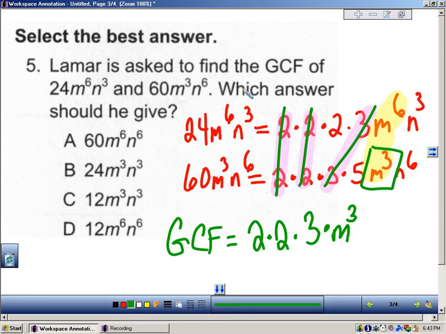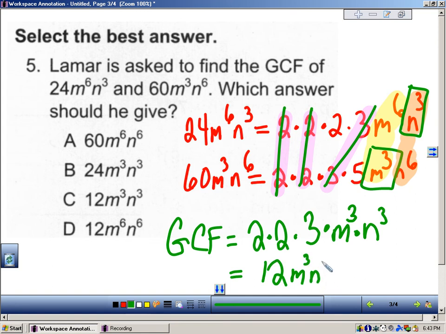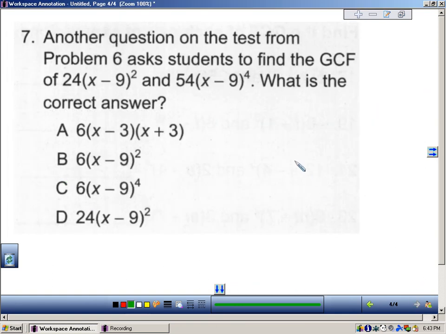And the third power here, lowest power amongst the n's. 2 times 2 is 4, 4 times 3 is 12, m to the third power, n to the third power. And this is our answer. Looking at the possible solutions, C would be the answer. We made it. Last question.